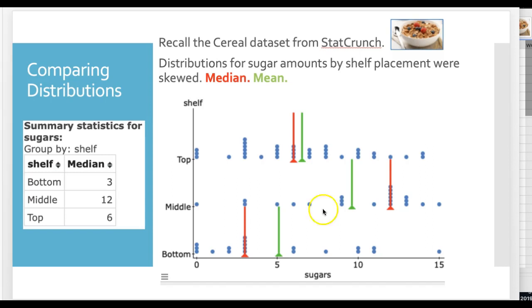And the opposite for the bottom shelf: the mean is much larger than the median. So this mean could be deceiving, in that we would think there are more boxes with a larger amount of sugar than there really are.